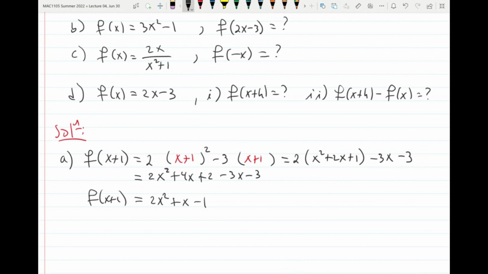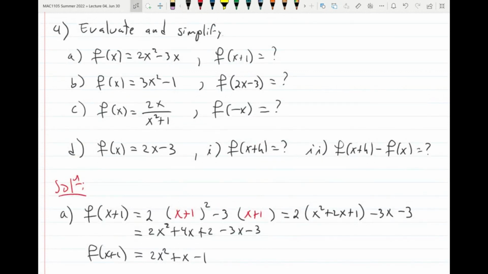Right. Any questions? Do you understand this? In other words, out of the function, you can obtain new functions. So out of this function, 2x squared minus 3x, we obtain this one, 2x squared plus x minus 1. And we obtain that by evaluating this function at x plus 1.